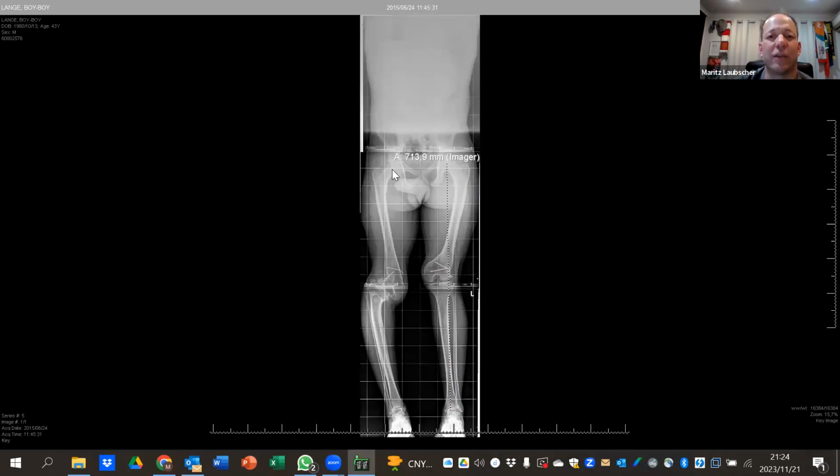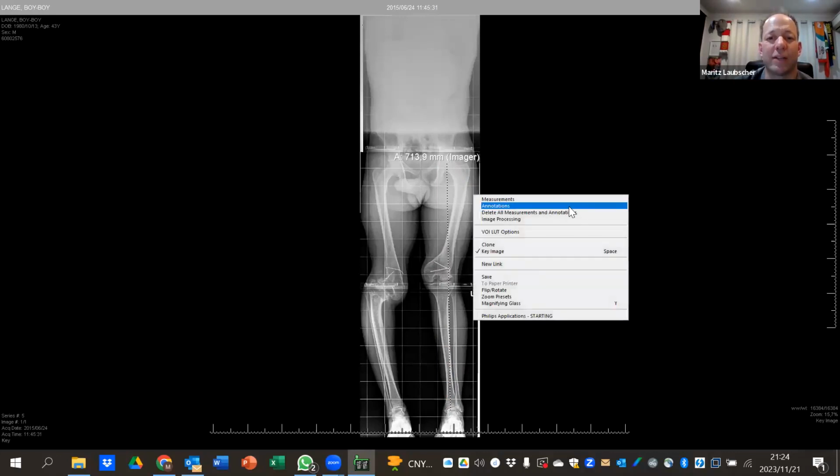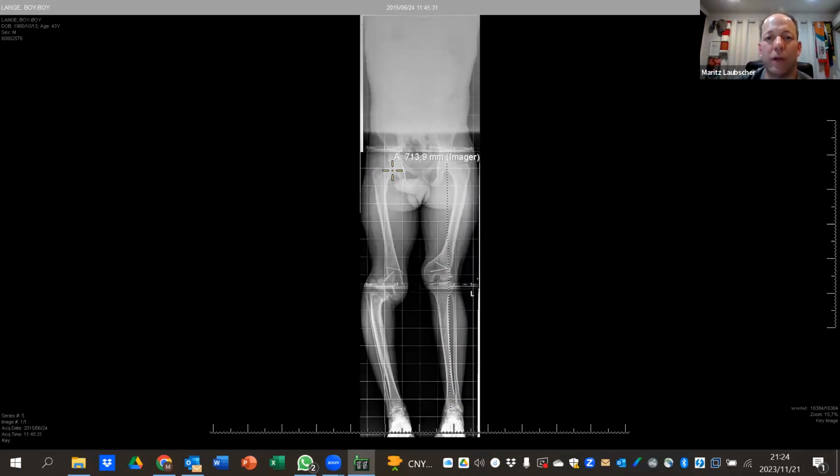But on the right-hand side, a very S-shaped leg. Again, the mechanical axis is not that grossly abnormal, but you can see the joint line is almost 70 degrees because there's such a big distal femoral deformity and a proximal tibial deformity.